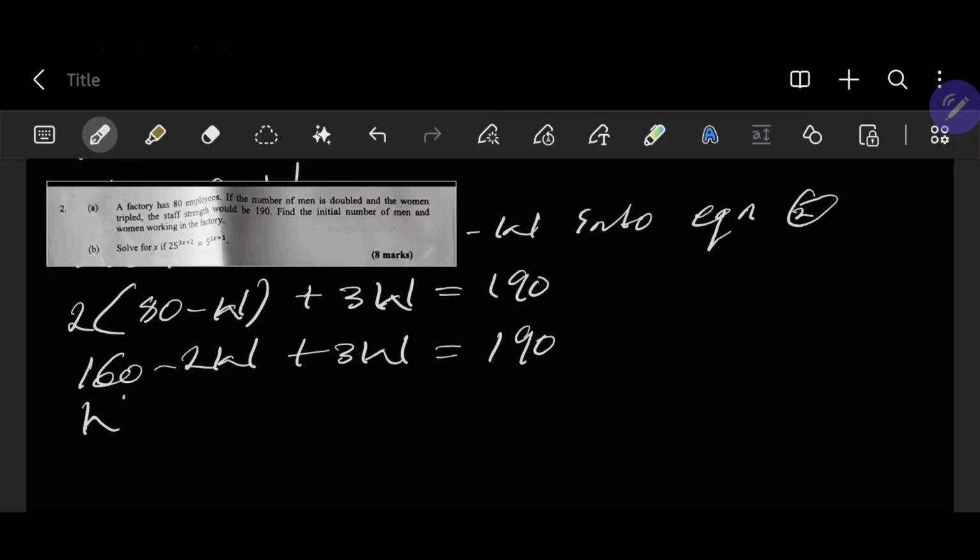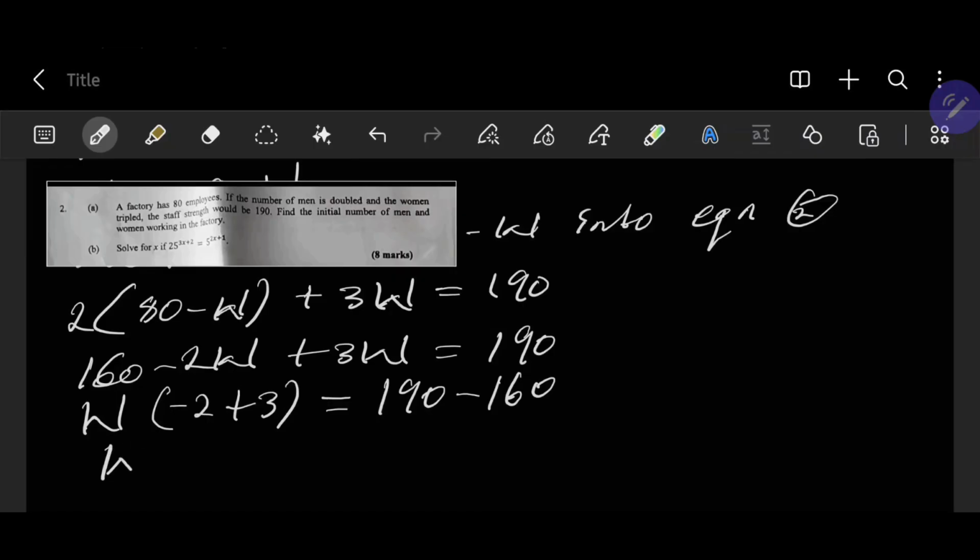For w, the coefficient of w, you have minus 2 and plus 3, equal to 190 here. If you subtract 160 from both sides, because it's positive 160, the inverse of that is negative 160. So you have 190 minus 160. Minus 2 plus 3 is the same as 3 minus 2, so you're going to get 1.